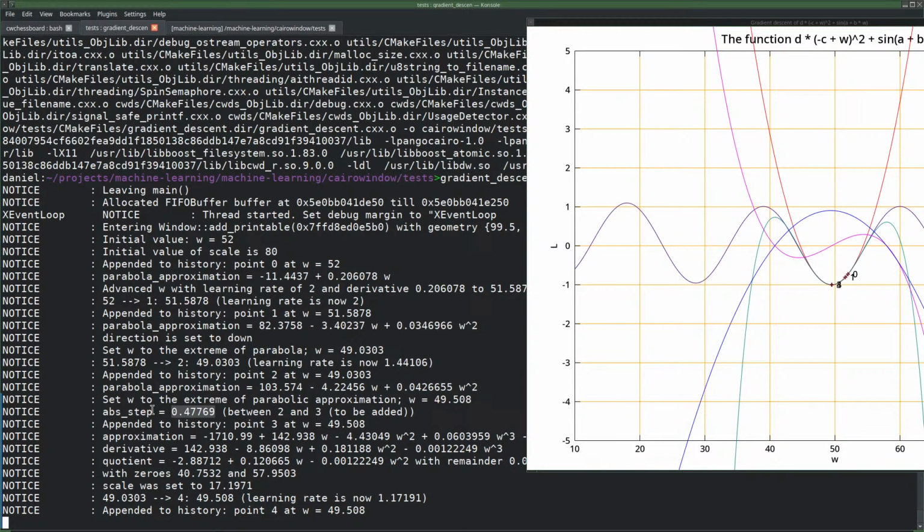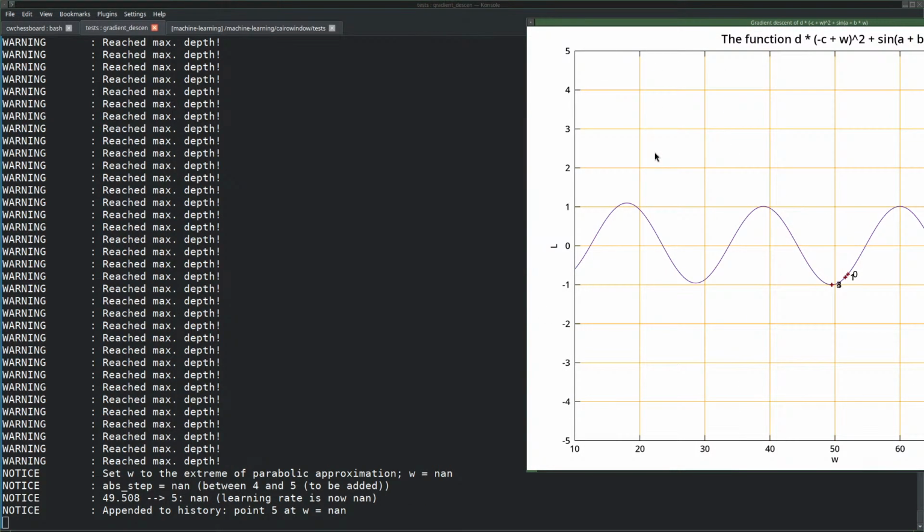Yeah, it's a duplicate of 3. Scale is set. Okay, the scale was changed, so it skips detection of the minimum. Yeah, it's doing the same thing again.